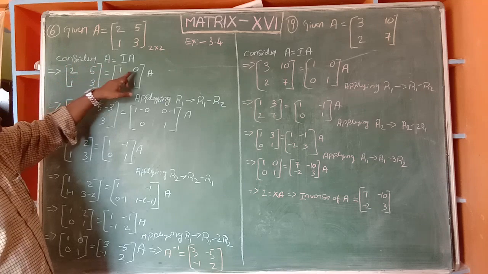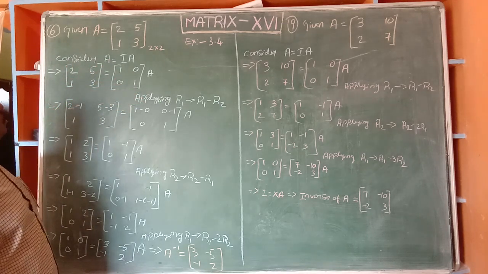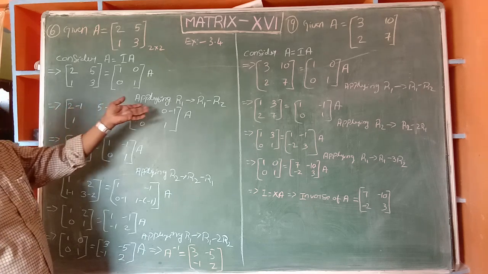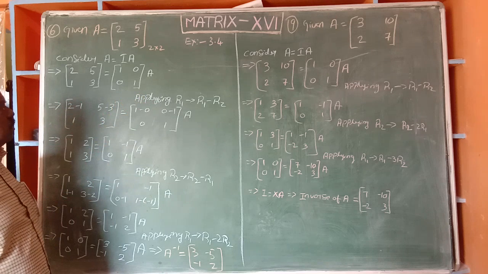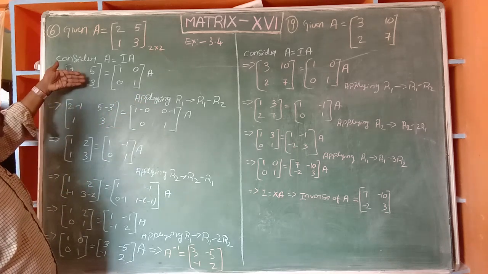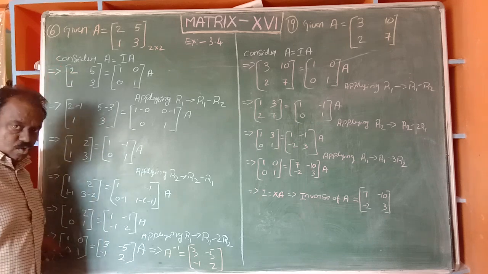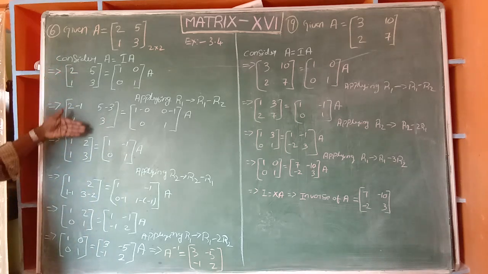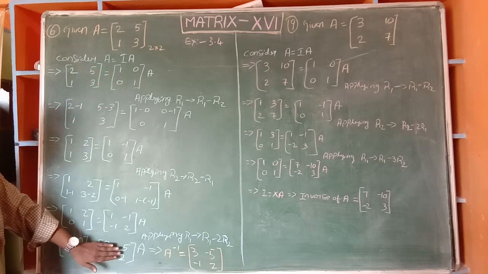Here I is 1, 0, 0, 1, and then A. Here we have to change by using the elementary operations, mainly row operations. By using those elementary operations, we change this left side A into I. You see there, A becomes I and I becomes some X.